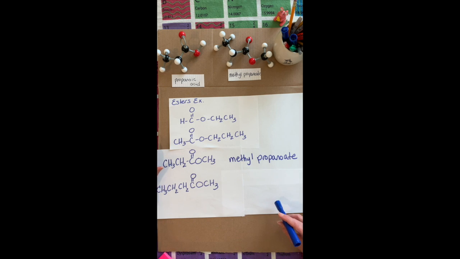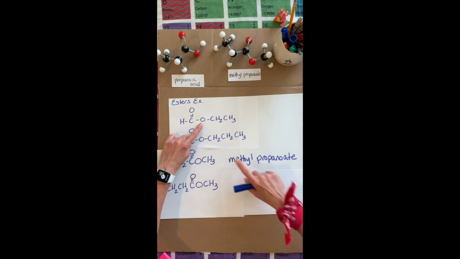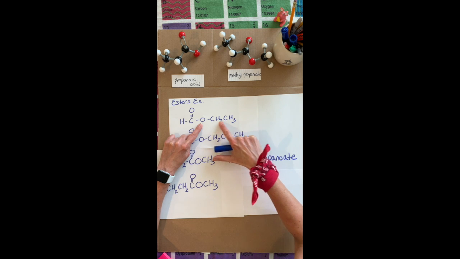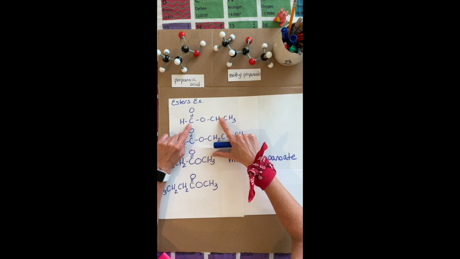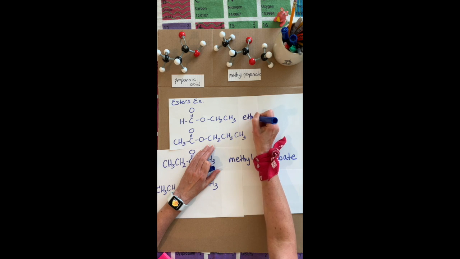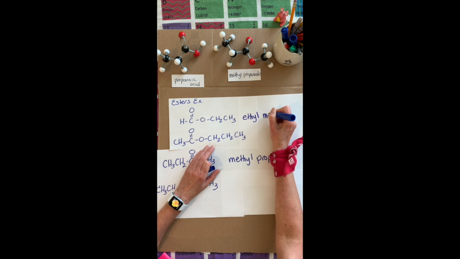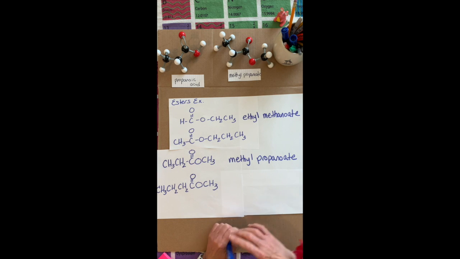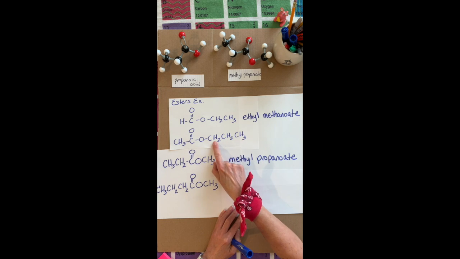I'll just start at the top. This was a methyl. This is ethyl, 2 carbons. Ethyl methanoate, 1 carbon here, 2 here. Ethyl methanoate. All right, well, look at this one. Now we have 3 carbons here.